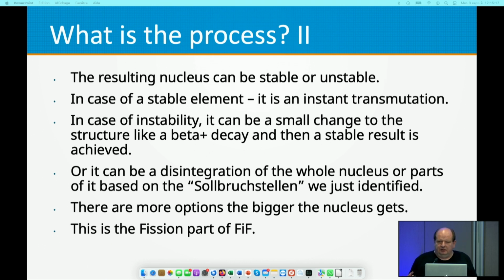It might be a beta plus decay. It falls back to the original element, but with a different isotopic number. But if the change is such that there's more instability, those Sollbruchstellen will come into effect, and it will rip basically the nucleus apart. And this is the fission part of FIF.